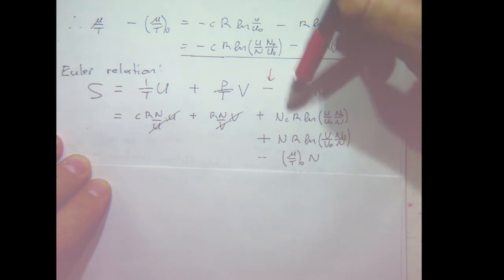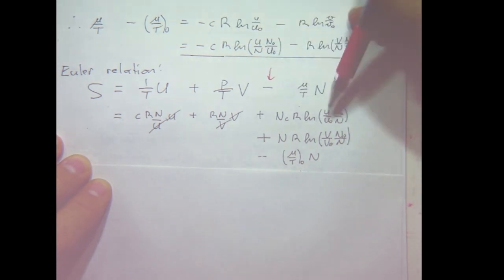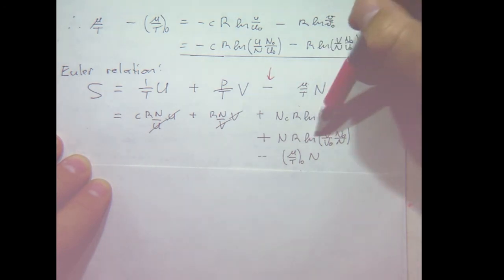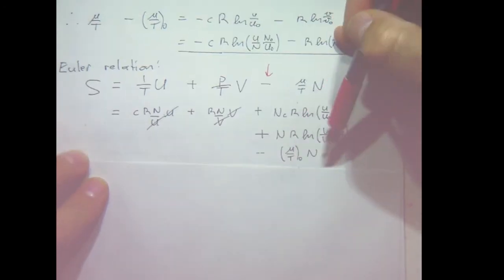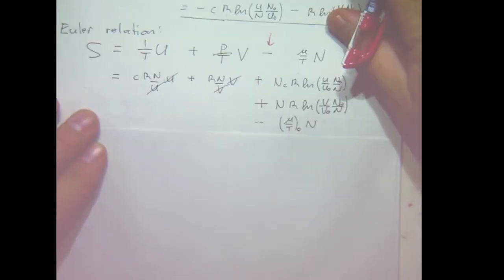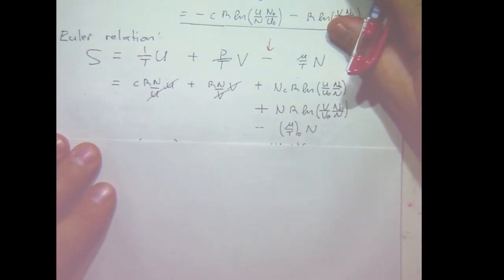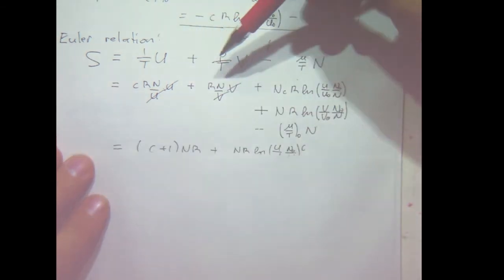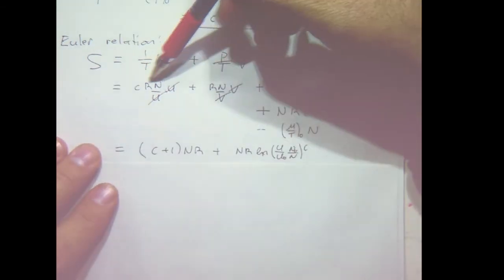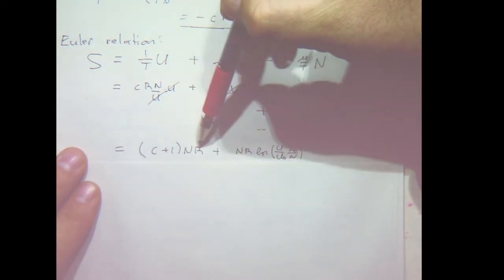N times C times R, there's the log term, plus N times R times that log term, minus N times that constant term, mu on T, reference. And now just combine. So there's CRN plus RN, so that's C plus 1 NR.